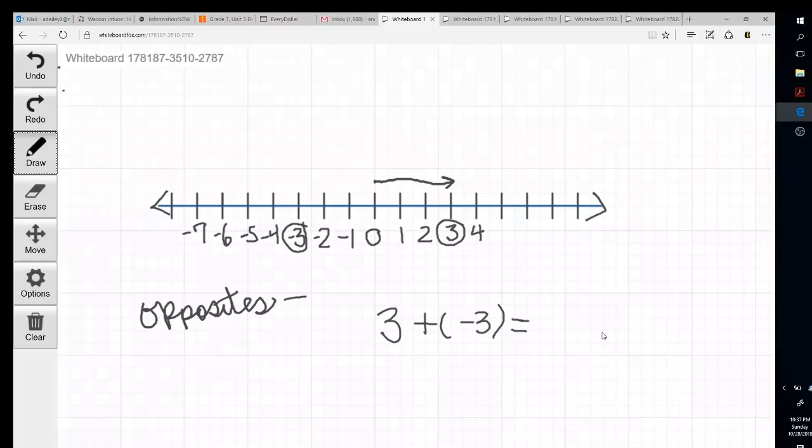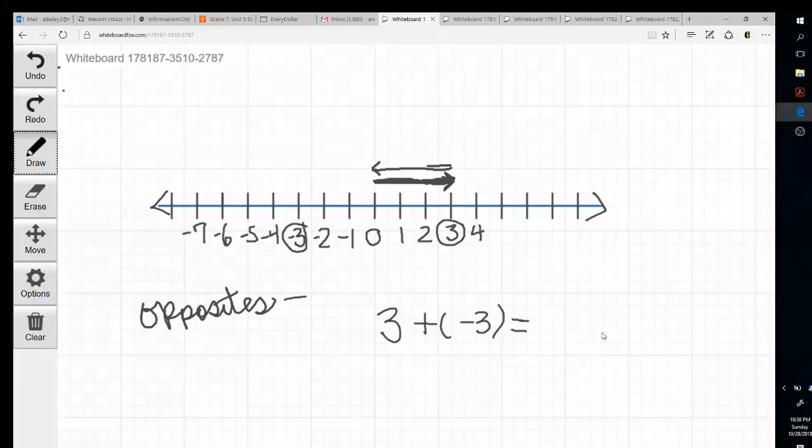So 0 plus 3, and then that's 3 plus negative 3. The 3, first of all, is positive, so we were moving away from 0 to the right. So this dark arrow shows our 3.